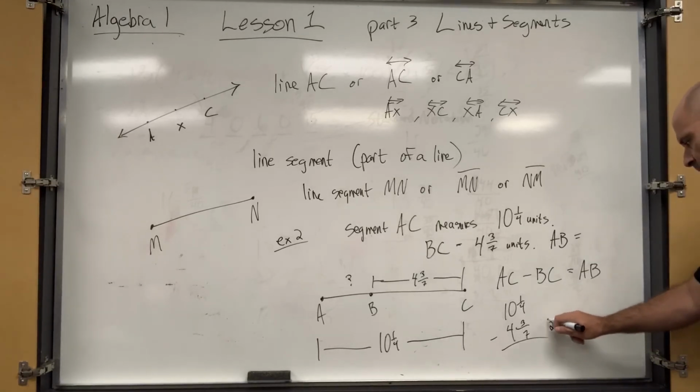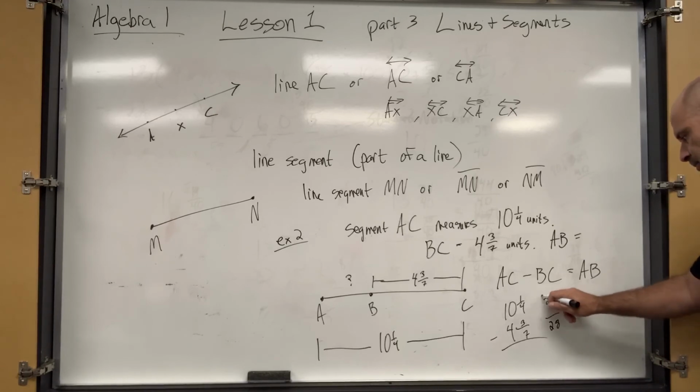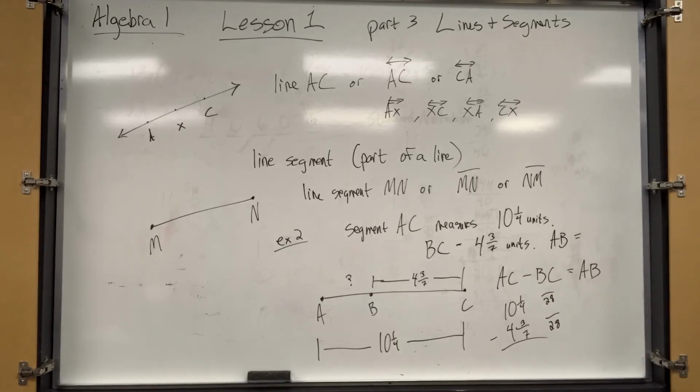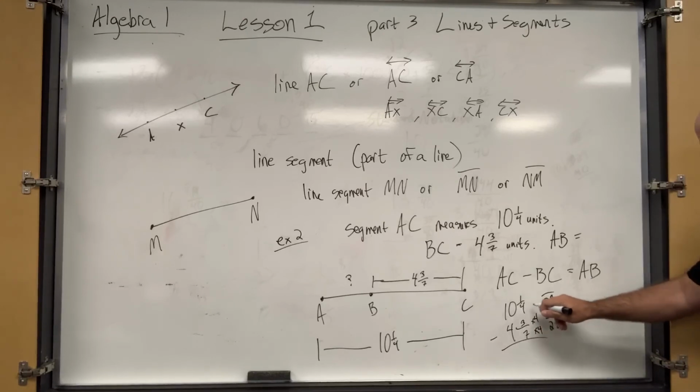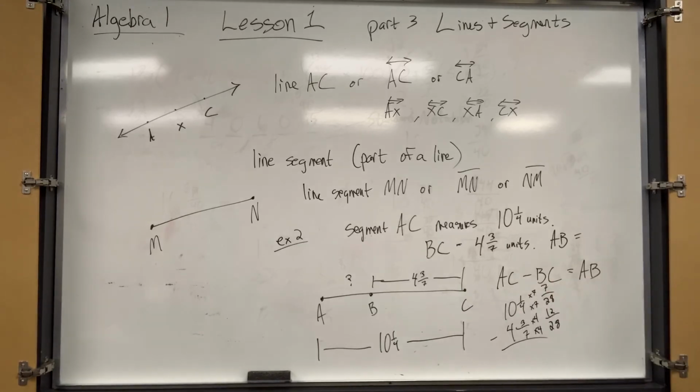When in doubt, just multiply them together and you'll always have a common denominator, but you may not have the least common denominator. So 7 times 4 is 28, 3 times 4 is 12, 4 times 7 is 28, 1 times 7 is 7. You can't subtract 7 minus 12, so what do you want to do?